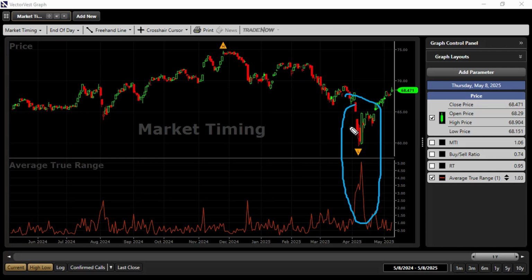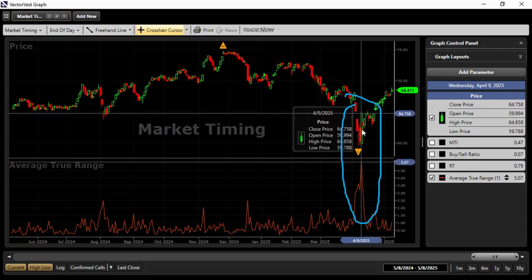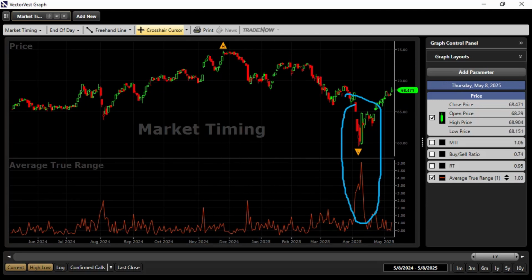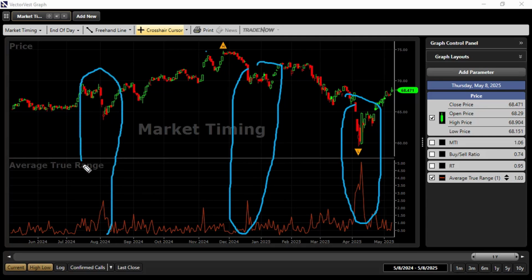The volatility of just that price chop, where we had a daily spike that went as high as $5.07, where normal volatilities are down here around 30-40 cents. So a big spike, and of course, happening on multiple occasions here as the market experienced that churn.